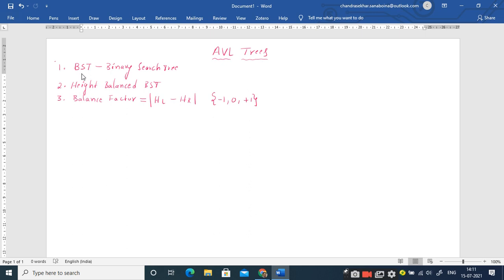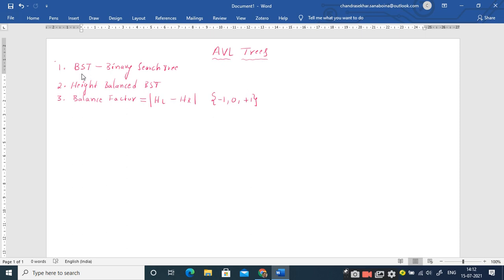So every node should be calculated for its balance factor, and if the balance factor of a node falls within this range of -1, 0 and +1, then we say that that node is balanced. But this is not our criteria, right? This is not what we want to do. What we should do is find whether the entire AVL tree is balanced or not.